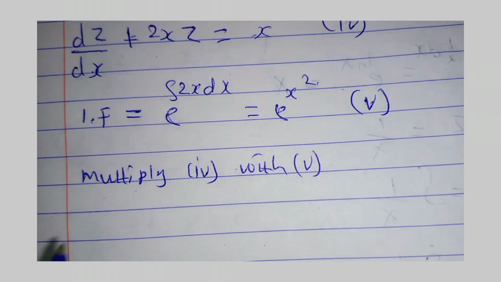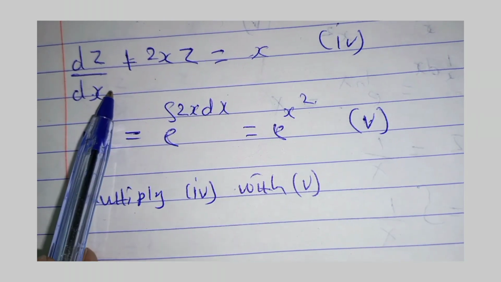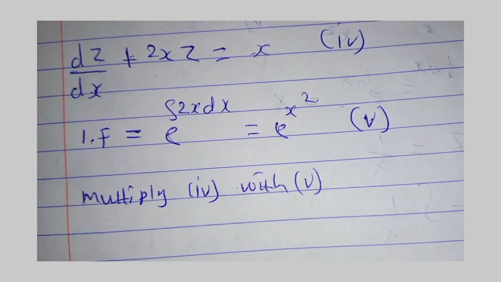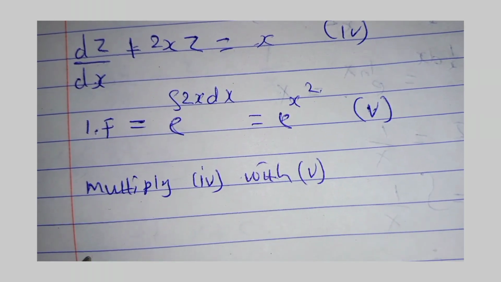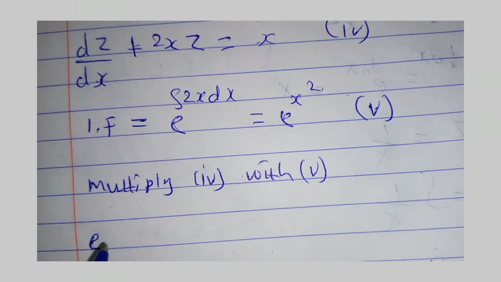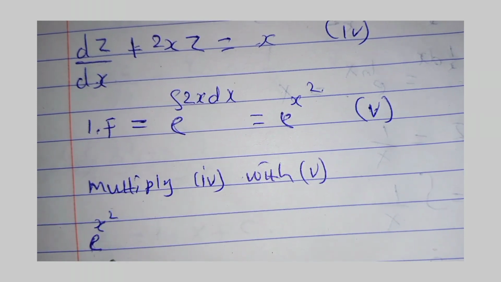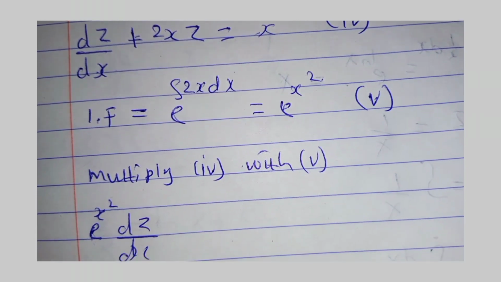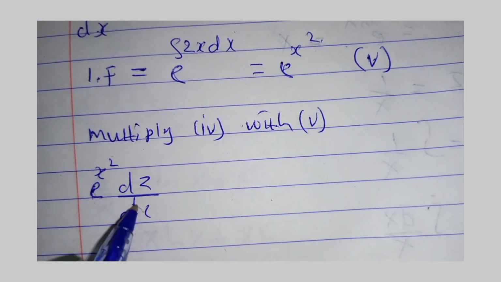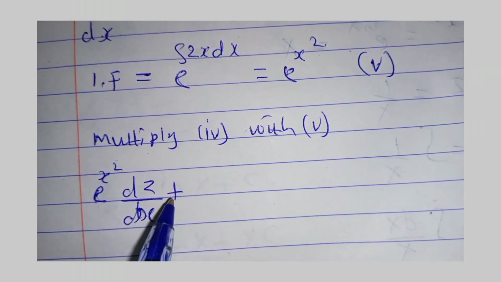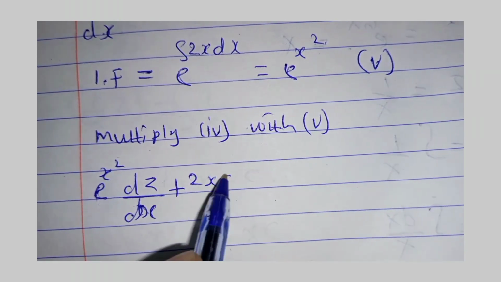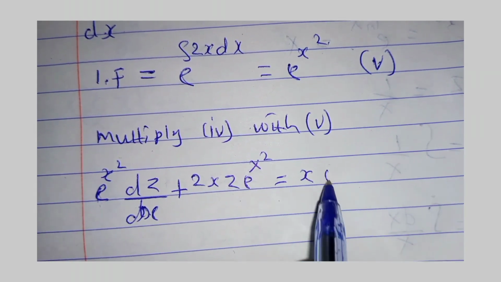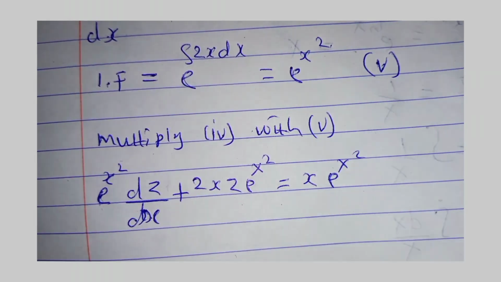Then we are going to multiply equation 5 with the integrating factor to obtain the following. So both sides: exponential x squared dz over dx plus 2xz exponential x squared, which is equal to x exponential x squared.